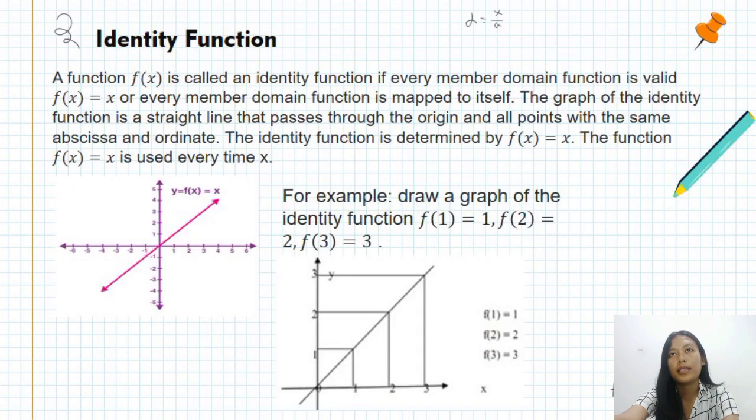Next, we have the identity function. A function f(x) is called an identity function if for every member of the domain f(x) equals x, or every member of the domain is mapped to itself. The graph of the identity function is a straight line that passes through the origin, with all points having the same abscissa and ordinate.